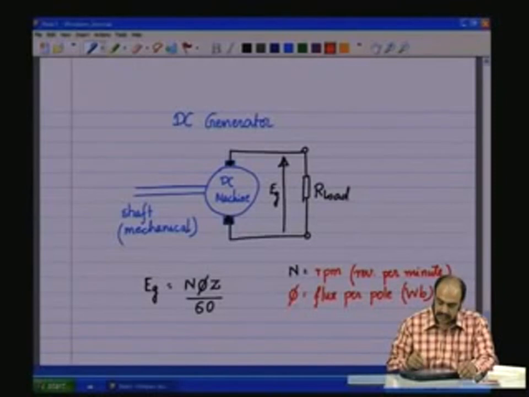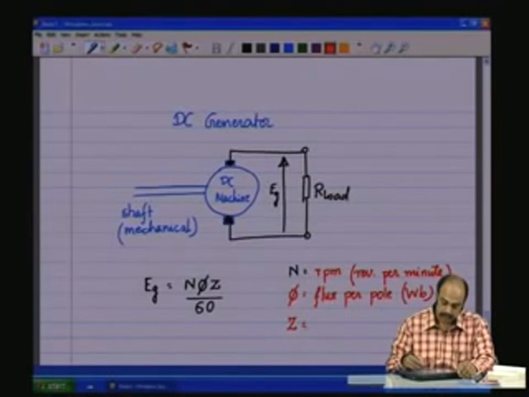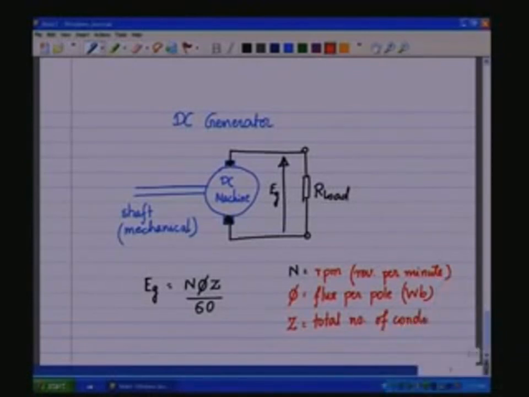So, the flux phi is the flux per pole, and Z is the total number of conductors in the armature.